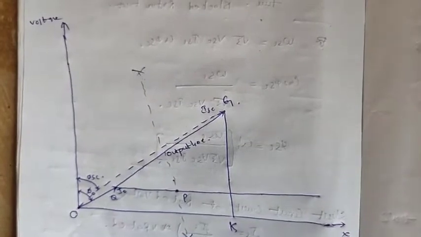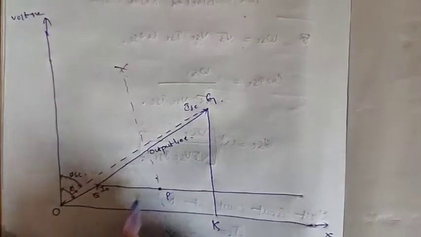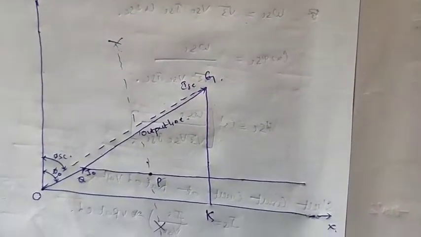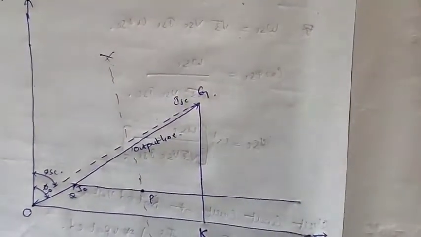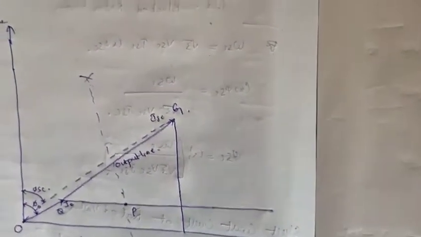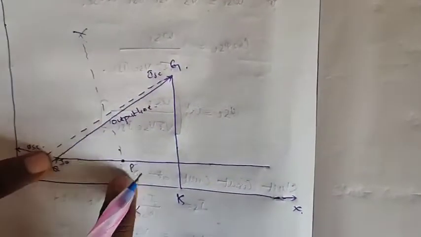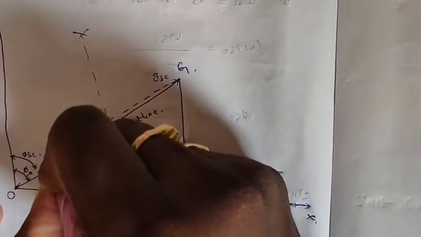So take a radius of PQ and draw one semicircle. I am taking PQ as the radius and drawing the one semicircle.